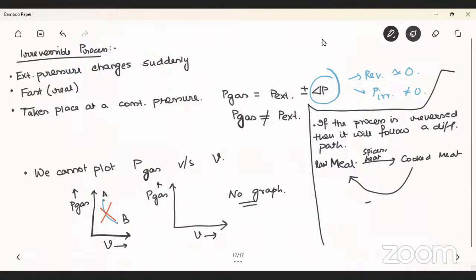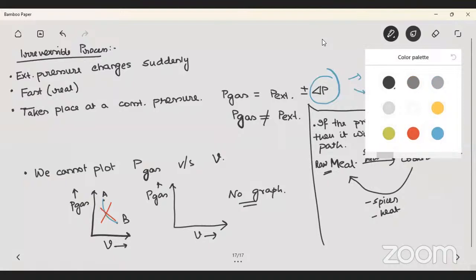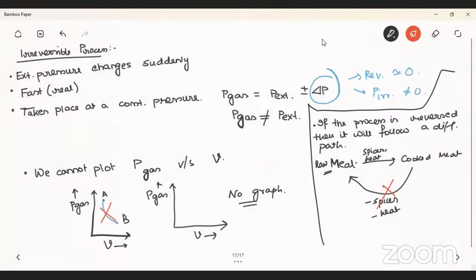You just remove the spices and you cool it down, minus the heat. Will you get the raw meat? No, it is not possible to get the raw meat, right? This whole phenomenon does not exist.